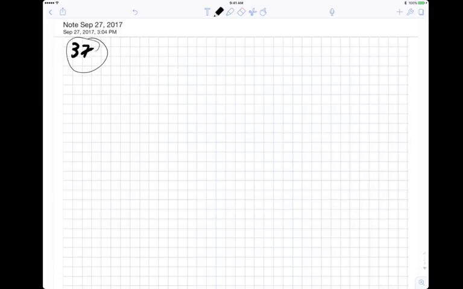So let's try it. Your electron starts from rest, and then, oh, maybe it doesn't start from rest. It starts moving, and then it ends up moving quite quickly.